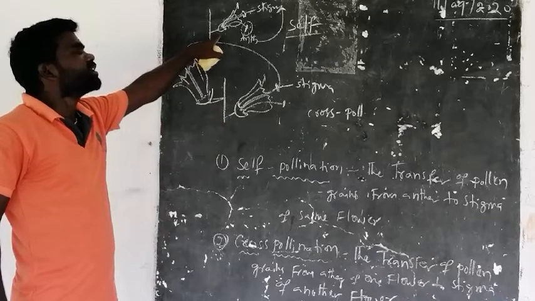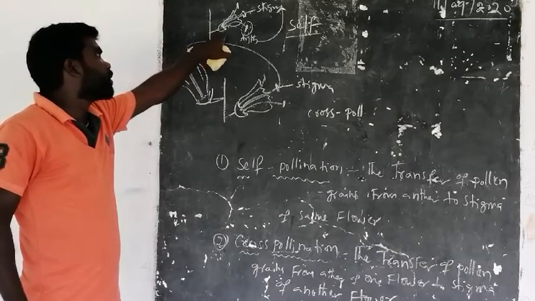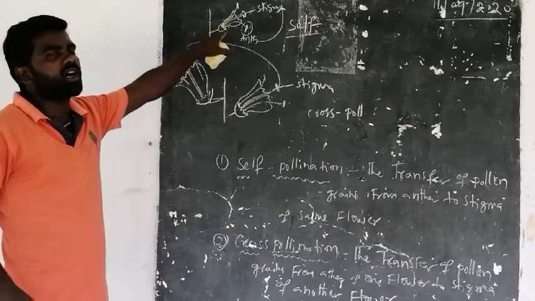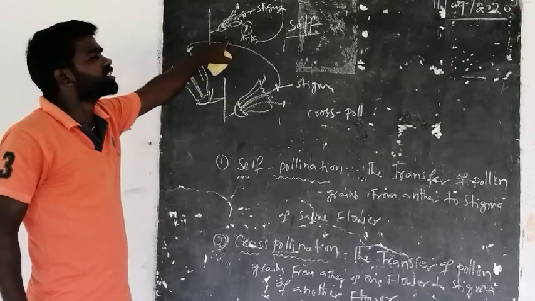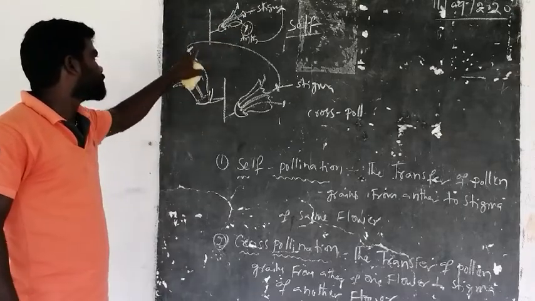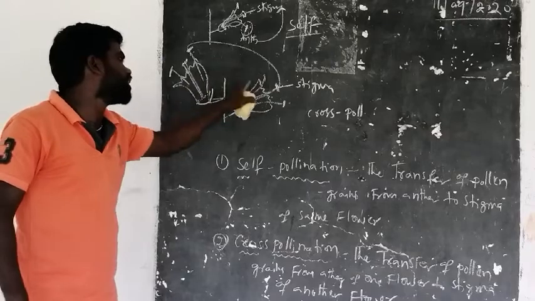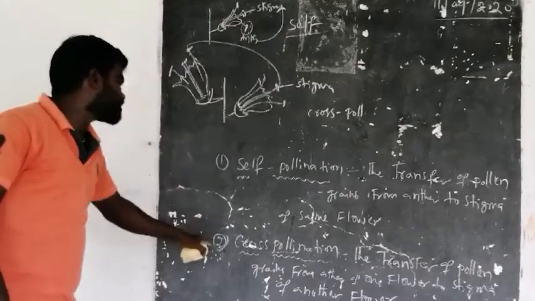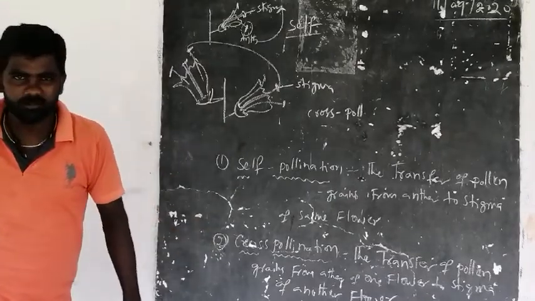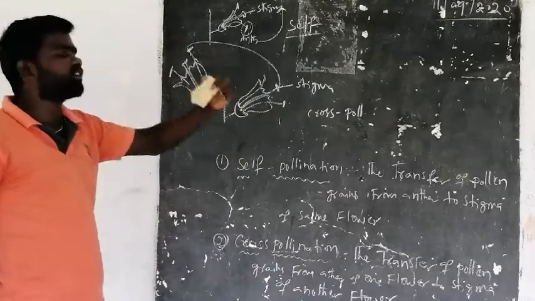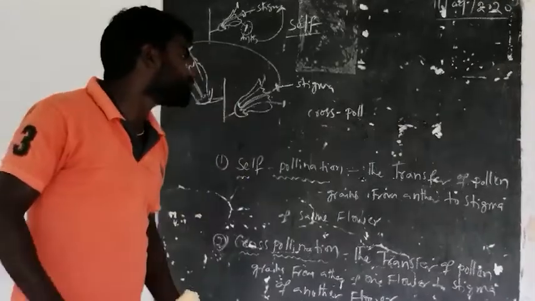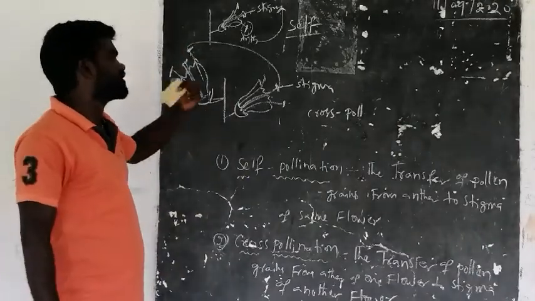We have already seen that in self-pollination the transfer of pollen grains occurs within the same flower, and in cross pollination from the anther to the stigma of another flower. These are the two basic types of pollination.